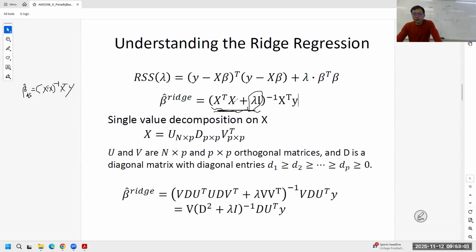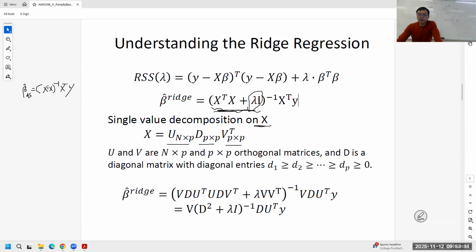Now let's look at this form a little bit. If we apply the singular value decomposition to x, then x can be written as U D V transpose. U is an n by p matrix, D is a p by p diagonal matrix, and V is a p by p matrix.